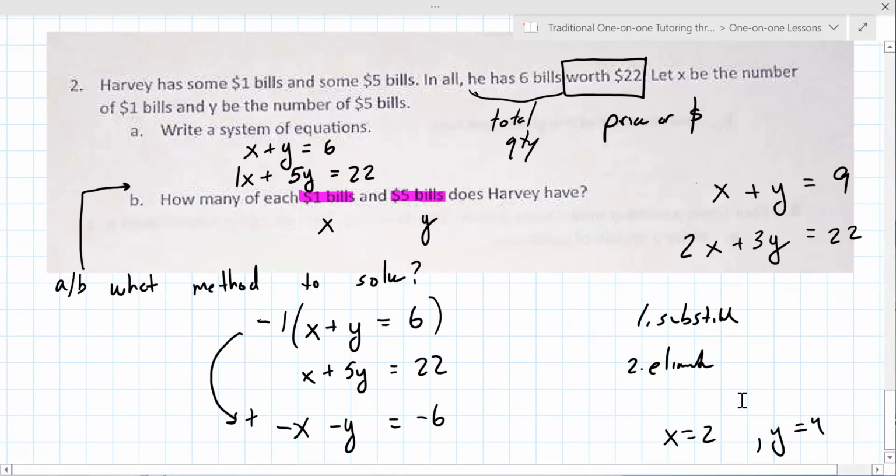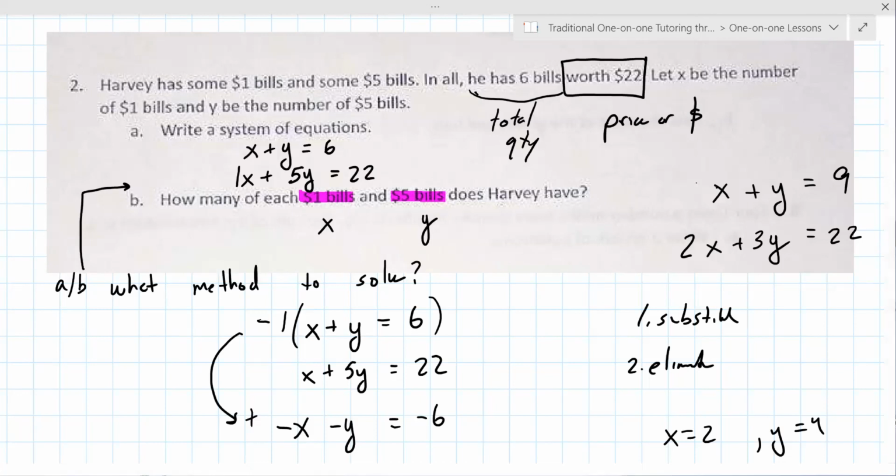Like 2 bills, that's $2. 4 $5 bills, that's 20. Yeah, that works. It's always good to go back and look. Now, what if you'd gotten x as -2 for some reason? Is that possible? Can you get -2 bills? No. So sometimes the word problems are easier because you know if you're on the right track with your answers, because you have some idea what is possible or not.